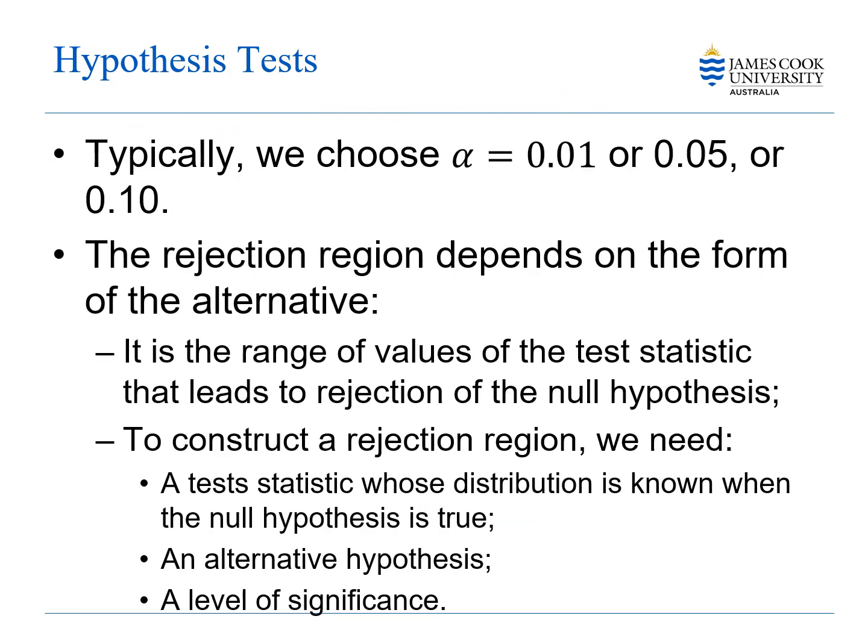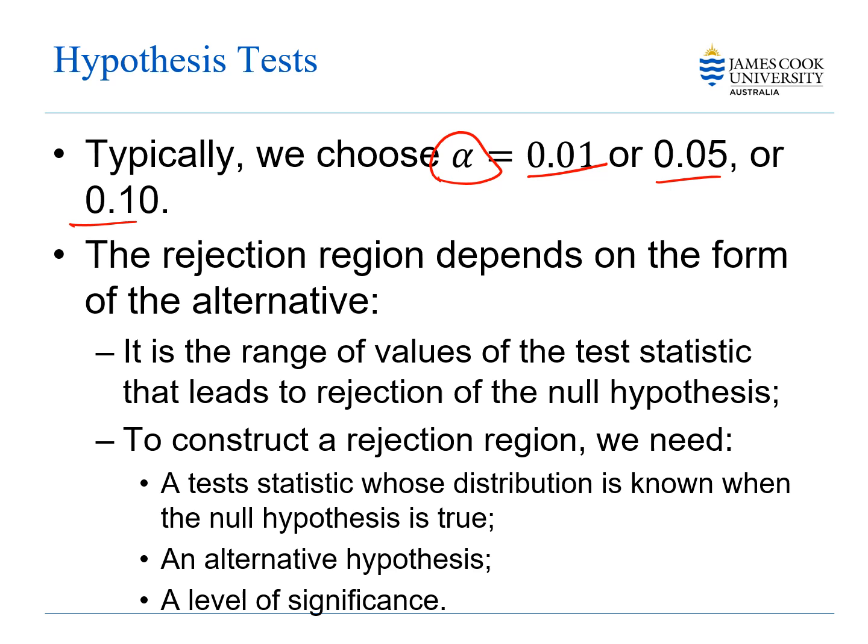So typically, we are going to choose the alpha level of significance to be either 1%, 5%, or 10%. And the rejection region depends on the form of the alternative. The rejection region is the range of values of the test statistic that results in rejection of the null hypothesis.